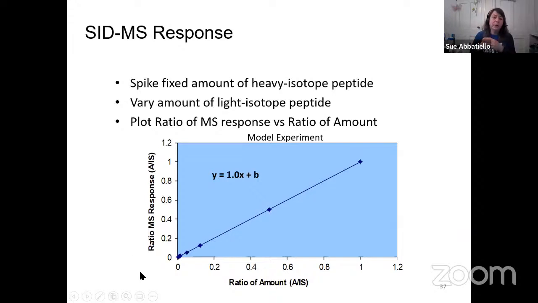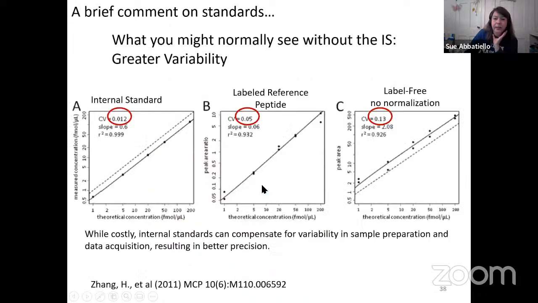If you spiked in a fixed amount of internal standard and a varying amount of light, then you should also see, when we do the light versus the internal standard, this slope with a regression line of y equals mx plus b, or y equals x, because usually in this case the slope should be ideally 1 and the b, the background signal, should ideally be 0, but that's often not the case. So we like to generate these lines and look at the slope and the y-intercept to see if they have any significant impact.